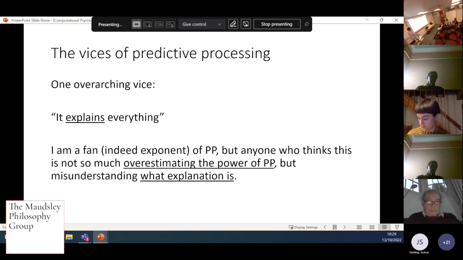So much for the virtues of predictive processing. What are the vices of predictive processing? I think there's one overarching vice, and it's this: that it explains everything. I'm a fan of predictive processing. But anyone who thinks that this is true is not so much overestimating the power of predictive processing, but misunderstanding what explanation is.